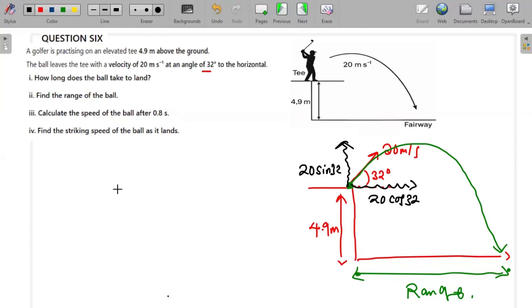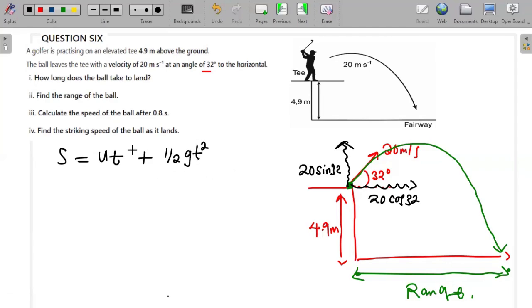So now to find the time, remember the equation that we were using. We said s is equal to the initial velocity multiplied by time, plus half g t squared.